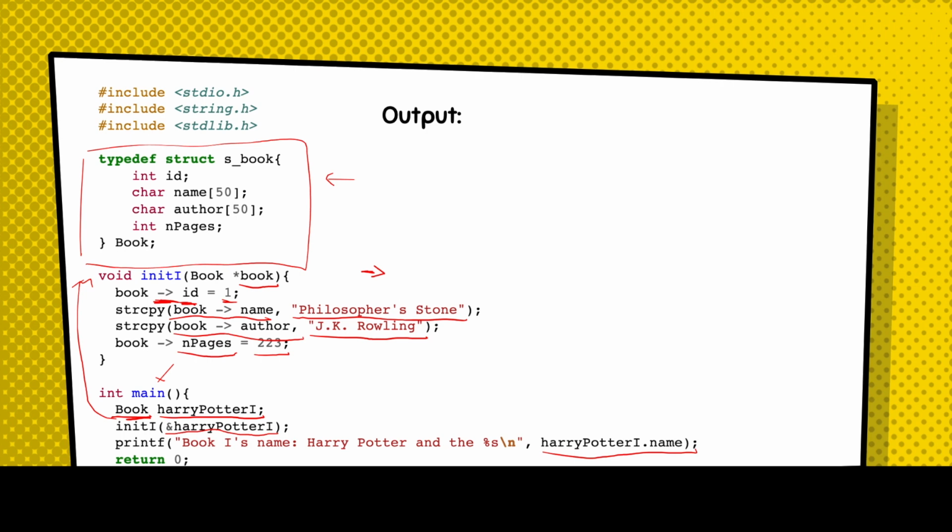So if we want to index the field of a variable, say if we have a variable called A and it is in type of book, instead of the actual pointer, we will need to use a dot ID, for example, instead of an arrow ID.